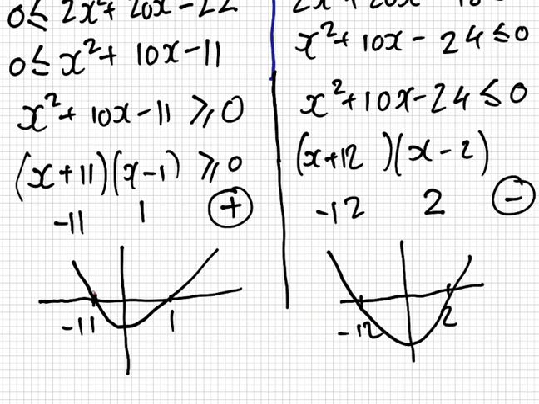So we want this piece, and we want this piece. So that means I should use this value for x and this value for x. And on the graph on the right, I want negative. So that means I want here. So I should use this piece.